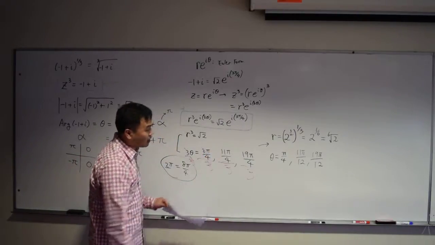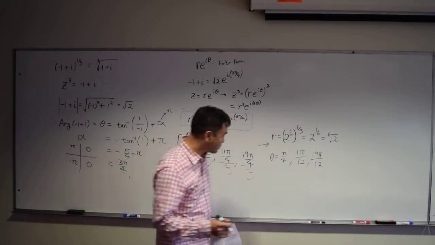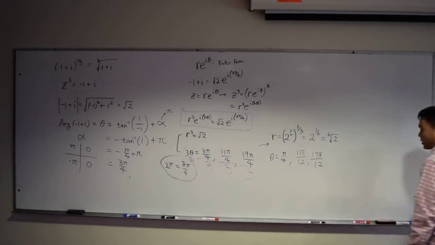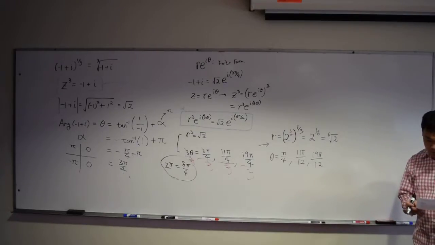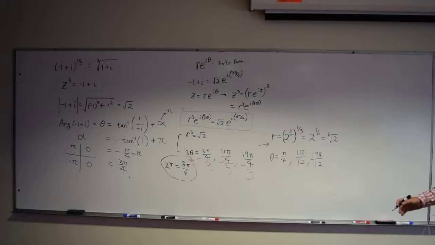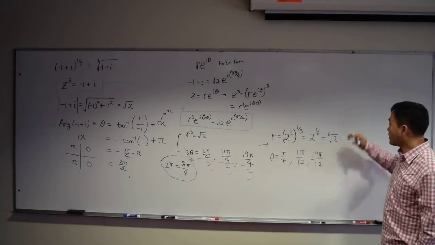And now we have almost everything. We just have to write down the answers. How do you write it? In the question it says to write down the answers in polar form, so let's just write them in polar form.